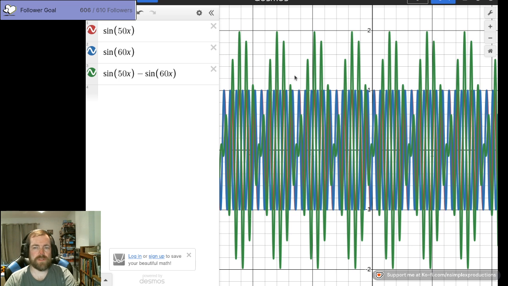So the difference between the two, if we say like in between -1 and +1, is what your electronics should be capable of handling.